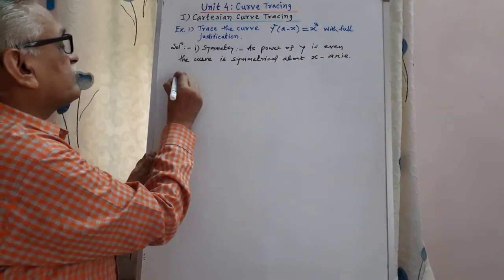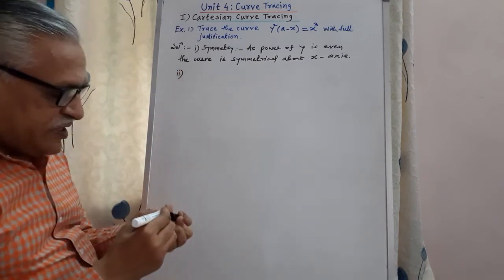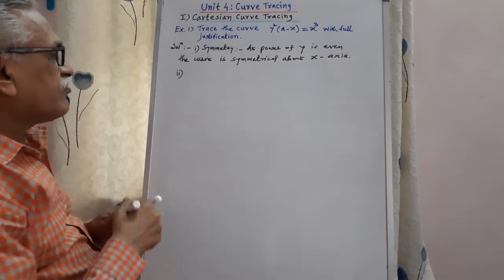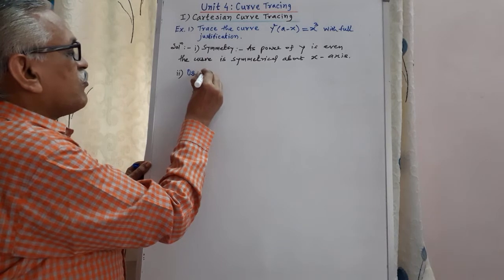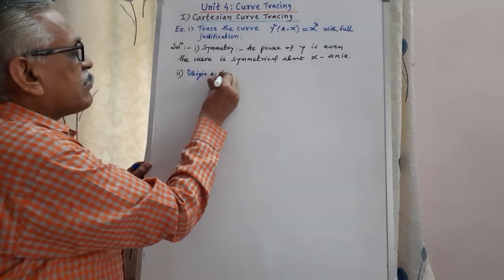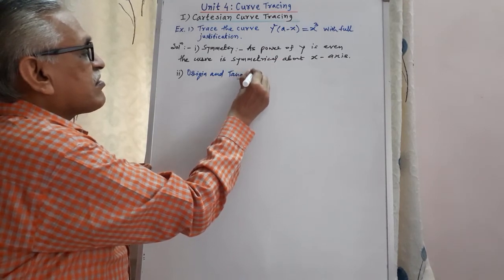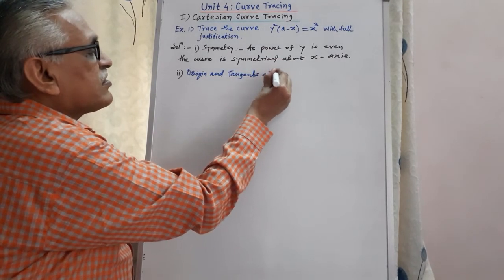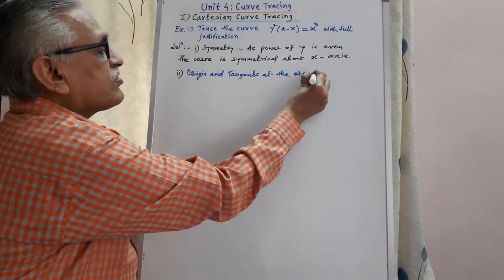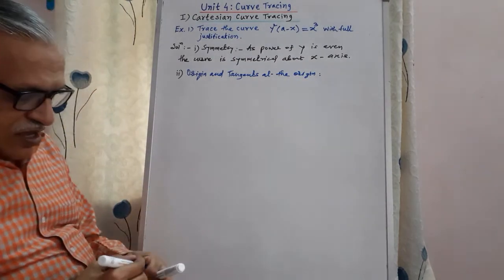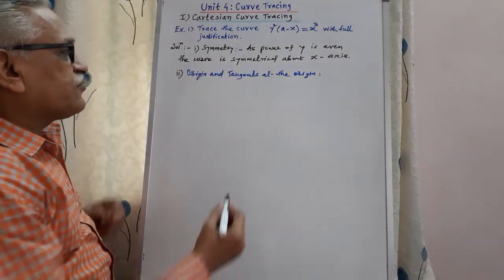Second point, origin and tangents at the origin. In this point, we have to check whether the curve passes through origin or not by following this procedure.